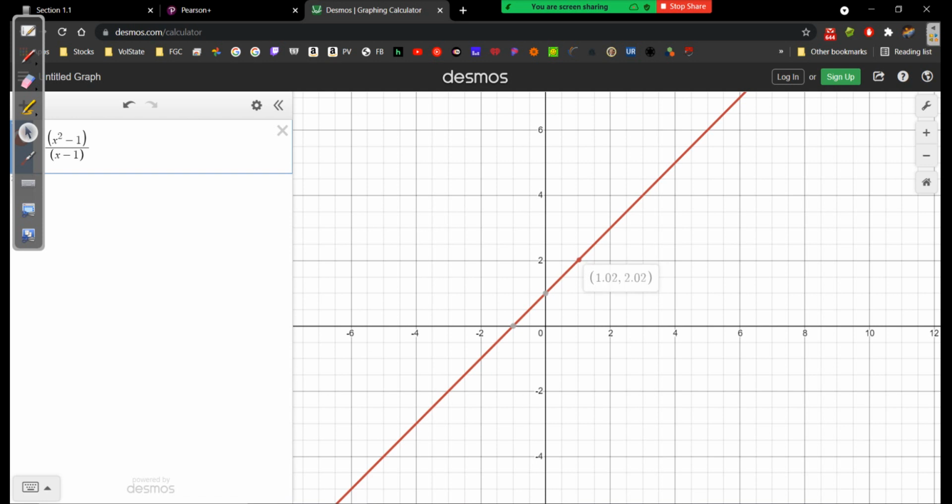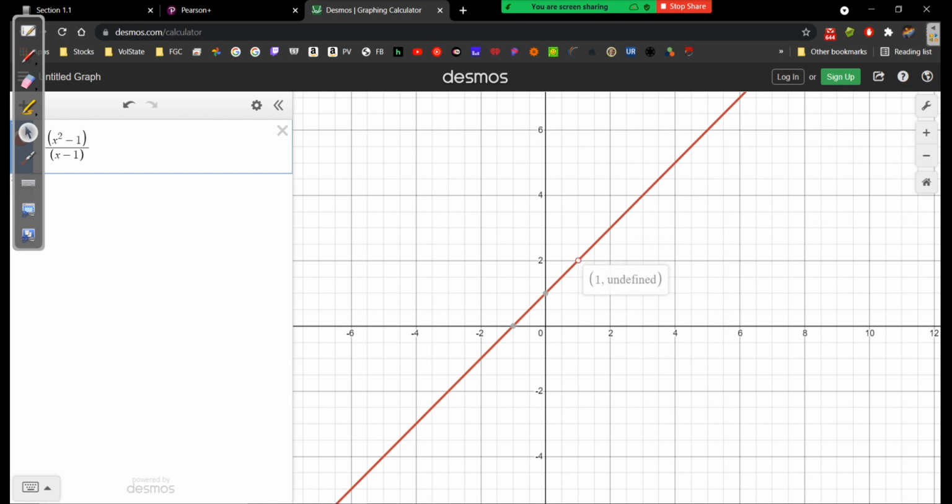Real quickly, pay attention to the dot. Notice how my dot is solid, going up and down my line. We know from previous courses that solid means we're continuing through the graph. But right here at 1, notice how it's open.